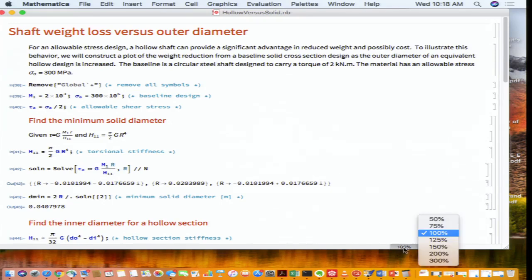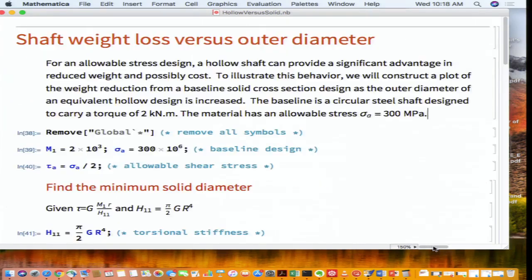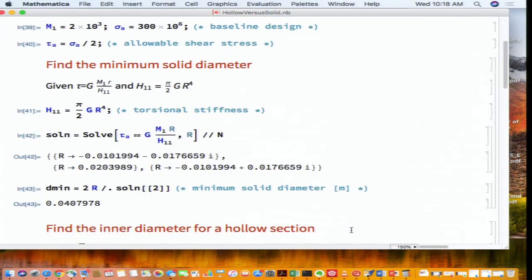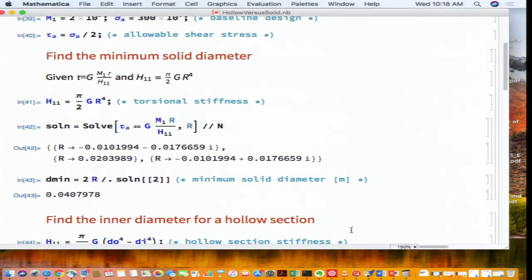So here is the standard formula for torsional stiffness of a beam which is circular in cross section, and then we are using our equation to calculate what the radius should be. We will get some solutions.